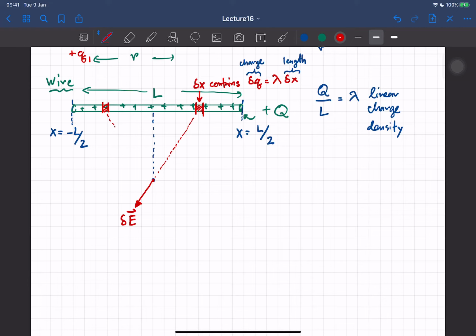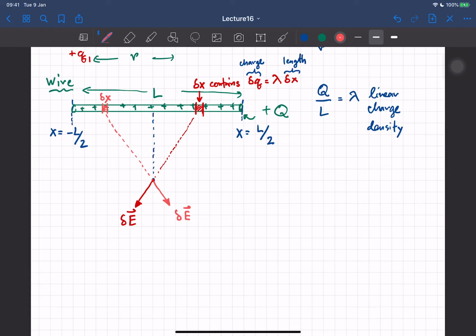This symmetry is convenient. Actually, let me choose a different color so that you can see better. So it's a little bit pink, like this. That also has a length delta x, and it's going to have an electric field in this direction, something like this.